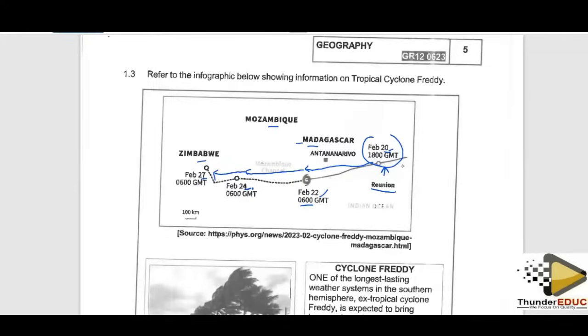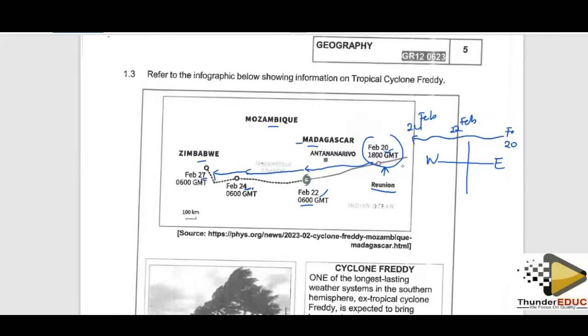If you draw our compass here, for example, this is our compass. This is the east, this is the west. Let's say this is 20 Feb, this is 22 Feb, and this is 24 Feb. So you can see the second was moving like this.